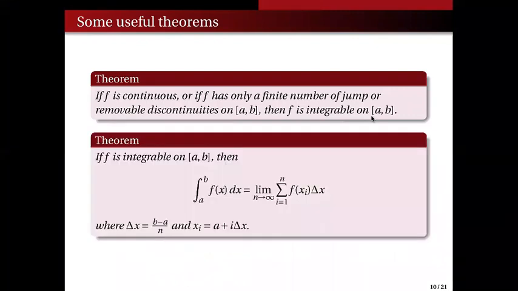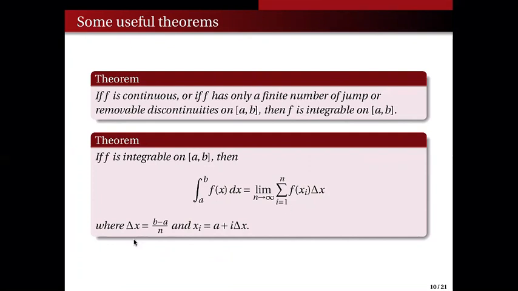Next theorem here. If f is integrable on AB, then the integral of f of x dx from a to b can be calculated using this limit, the one that we were using in the first lecture.